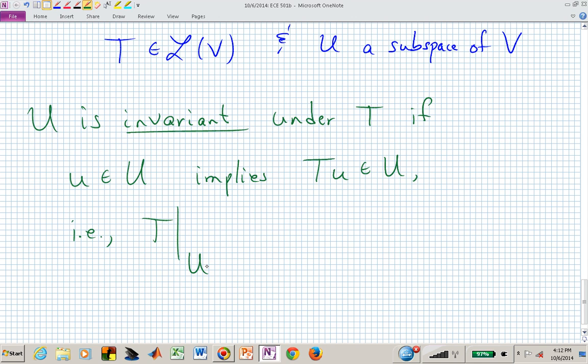They say T restricted to U. And in this case, that restricted operator is an operator on the subspace U.